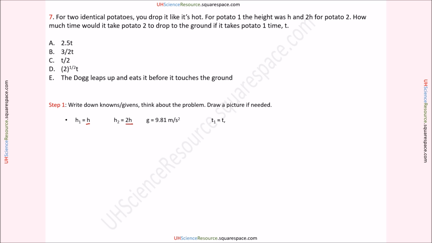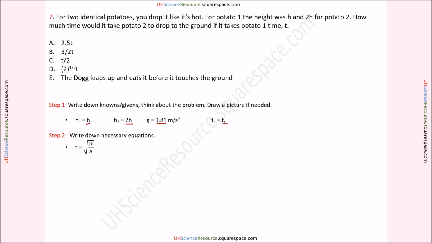And we're dealing with gravity, and we know that the acceleration of gravity is 9.81 meters per second squared, and that the time for potato 1 to hit the ground is going to be t. So let's write down the equation that we know we're going to use.